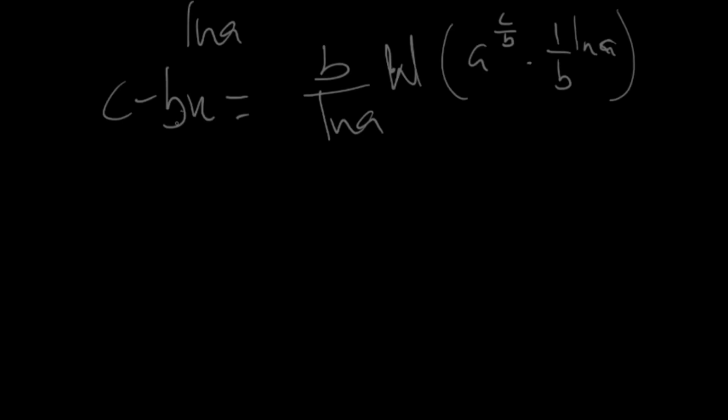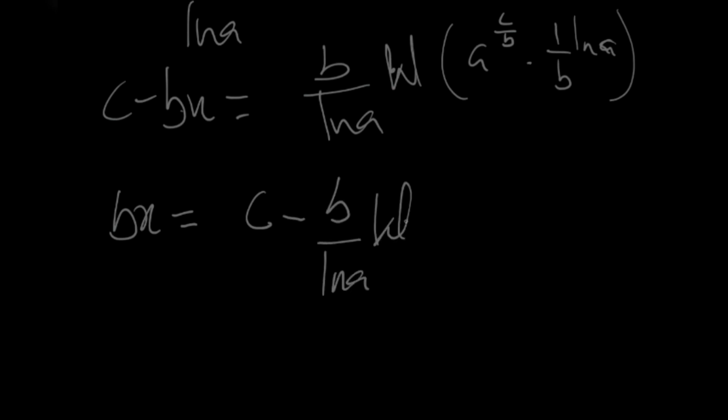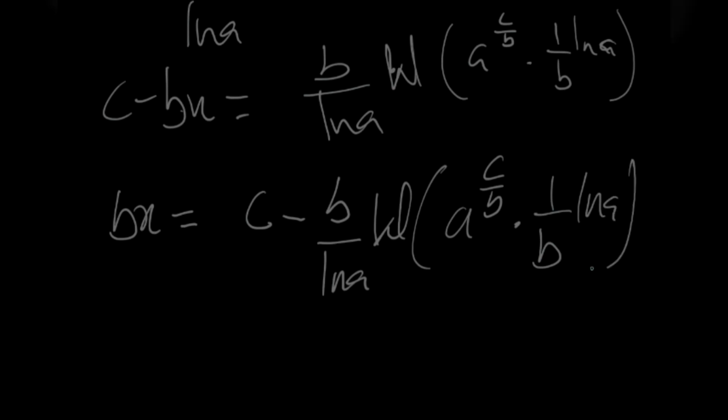So we can bring this to this side, the bx to this side, and then send this whole thing to the other side. So we have bx equals c minus b over ln of a multiplying product log of a raised to the power c over b, and multiplying this whole thing. Just divide through by b, or multiply both sides by 1 over b.